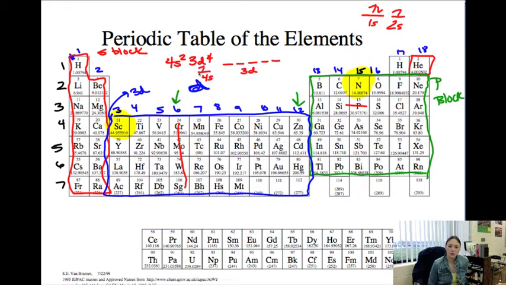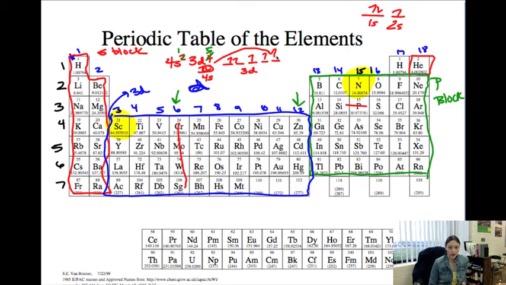So what happens is one of these guys in red bumps itself up to make this nice and even, so that I'll have 4s1, 3d5. Still the same total number. One just bumped up, and it's actually more stable to be half full than one of these full and this one not. It's just one of those crazy exceptions.